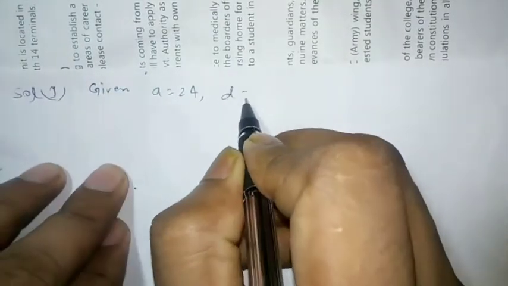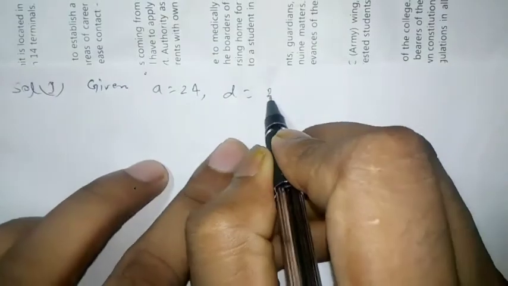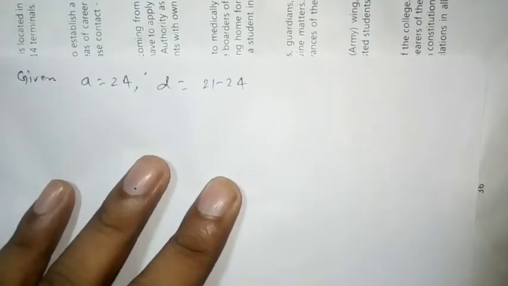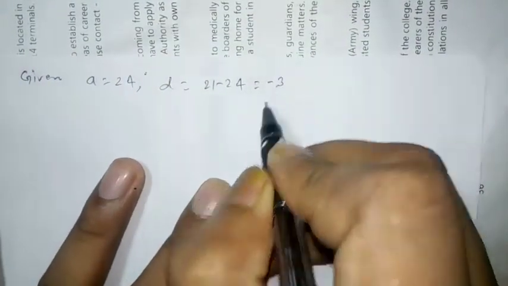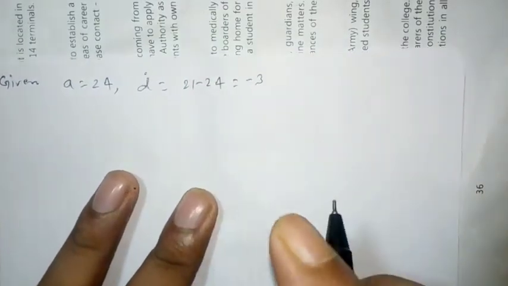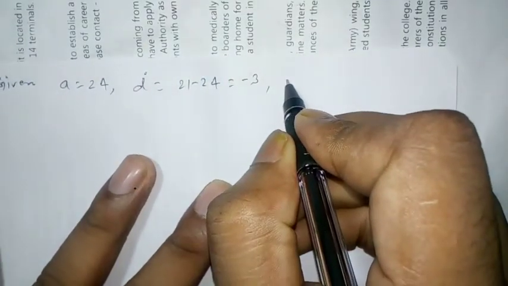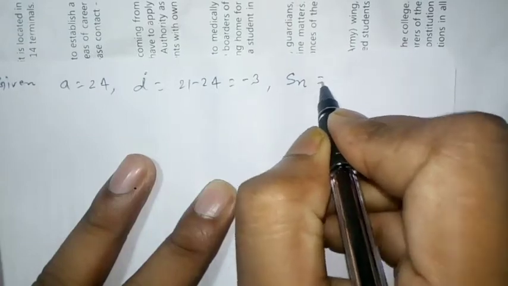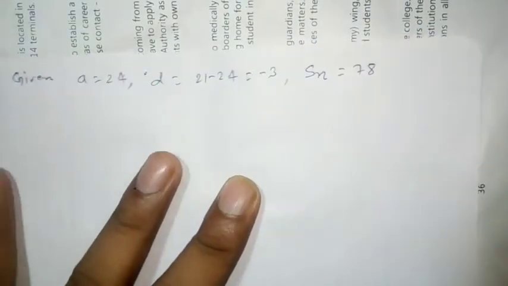Solution 1. Given: a is equal to 24, d is equal to 21 minus 24, which is equal to minus 3. Sn is equal to 78.